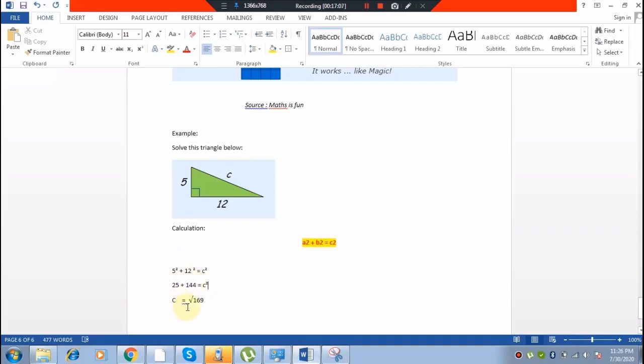To calculate C, we need to find the square root of these two. Then C is equal to 13. Simple and straightforward, guys. Just to prove it, we are saying that this squared equals this squared plus this squared. So C squared is now going to be replaced by 13. I hope, guys, all this makes sense.